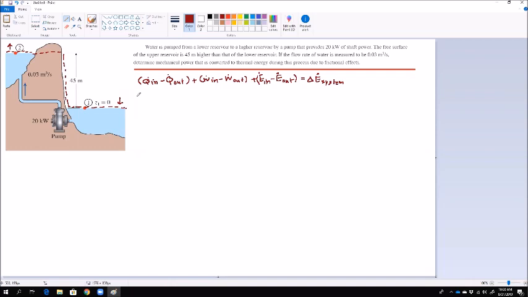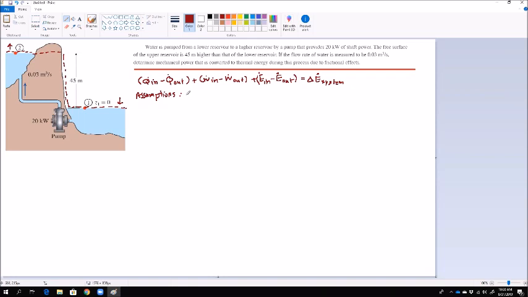Now, assumptions. These are very important. It's water, it's ambient temperature. We don't expect any change in temperature because of this process.